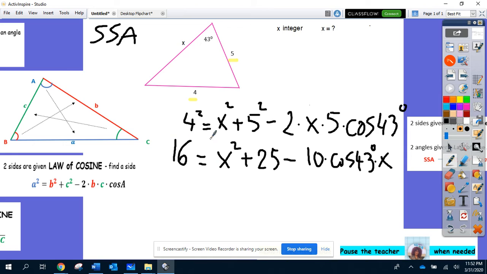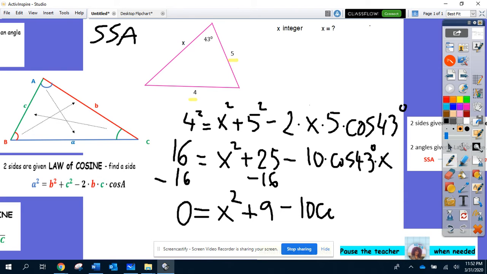I will subtract 16 because it's a quadratic, a second degree equation, and I want everything on one side. So it remains 0 equals x squared plus 9 minus 10 times cosine of 43 degrees times x.